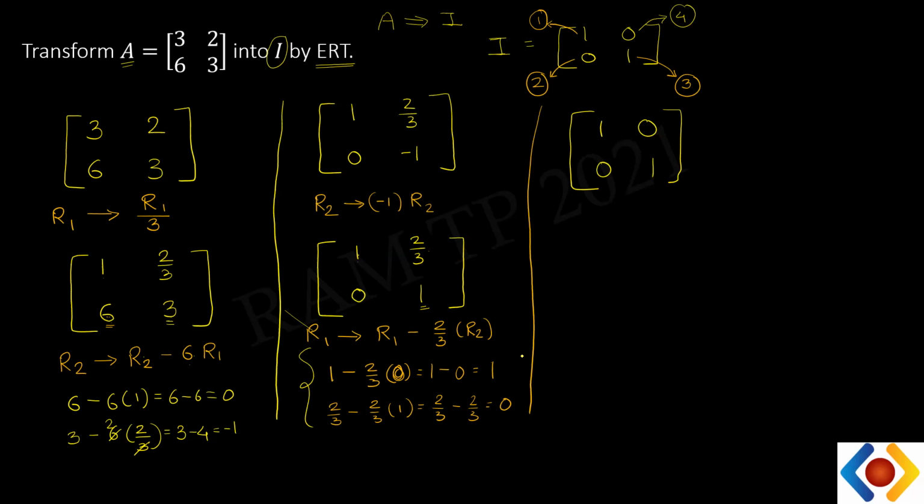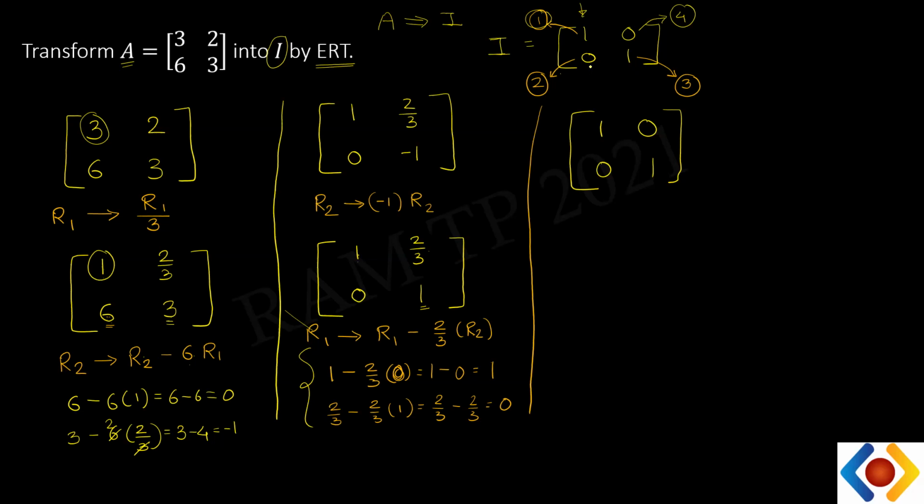Yes, Kavin. You said that we should follow a sequence. What is the sequence? The sequence is, the left hand side top element, you make 1 first. That's my first step. So we turned this 3 into 1. Second, everything else in this column, once you make this 1, you make all other elements 0.